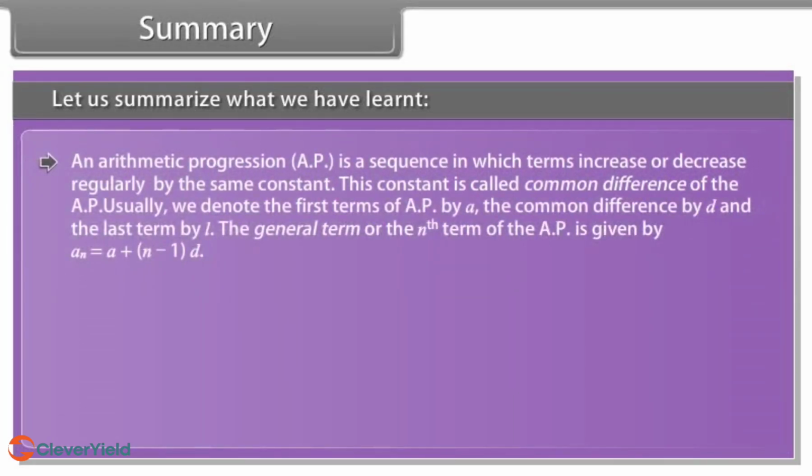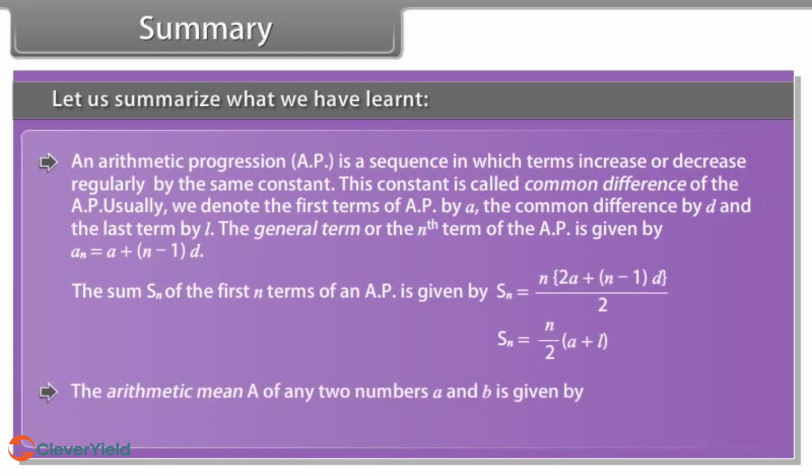An arithmetic progression, AP, is a sequence in which terms increase or decrease regularly by the same constant. This constant is called the common difference of the AP. Usually we denote the first term of an AP by A, the common difference by D, and the last term by L. The general term or the nth term of the AP is given by the formula, and the sum Sn of the first n terms of an AP is given by its formula.